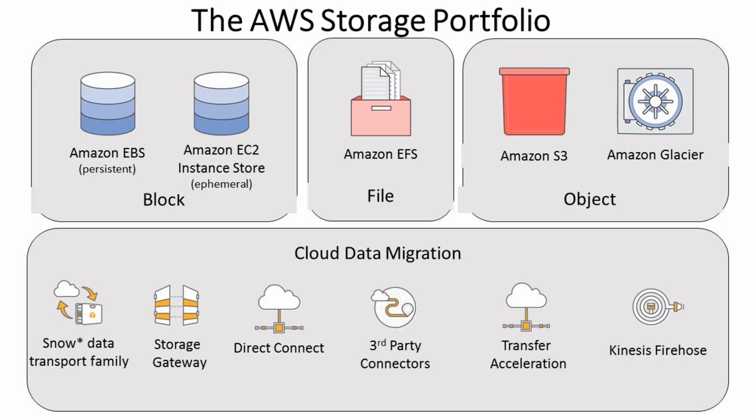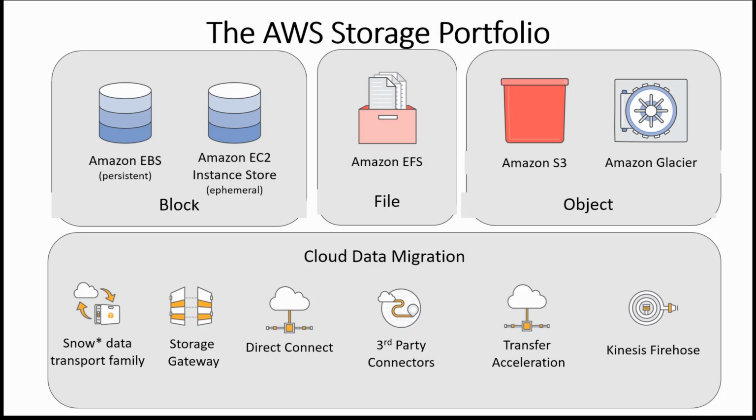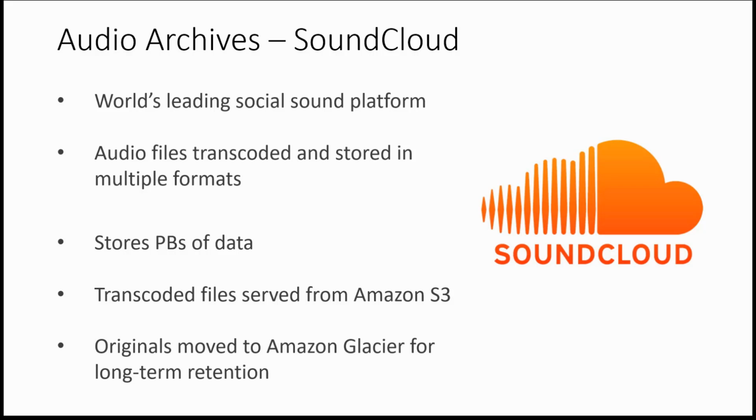We'll hit on the Snow family, as we call it: we have Snowball, we have Snowmobile, we have Snowball Edge that we introduced last year at re:Invent, and a number of different solutions in the Snow family to get data in as more of a batch migration into these large object stores. We have Storage Gateway, we have Direct Connect, and we also have a range of third-party connectors and options that allow you to get data in. We'll review each of these at a high level when we talk about getting data into these large archives in the first place.